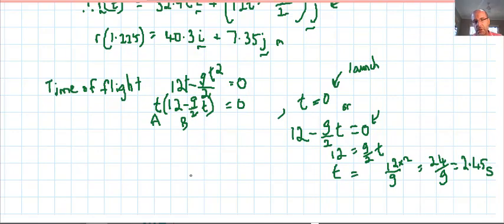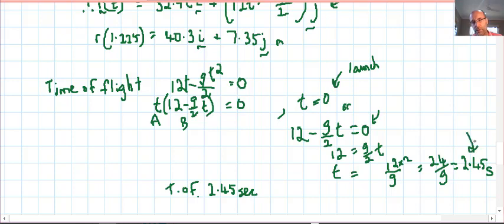So its time of flight is 2.45 seconds, because the clock was reading 2.45 when it hit the ground. So that's from launch to landing is 2.45 seconds.